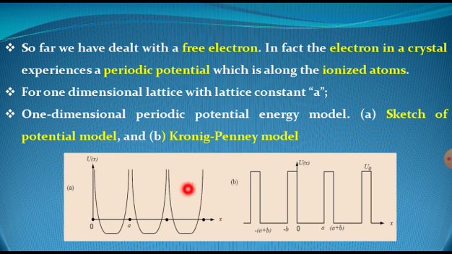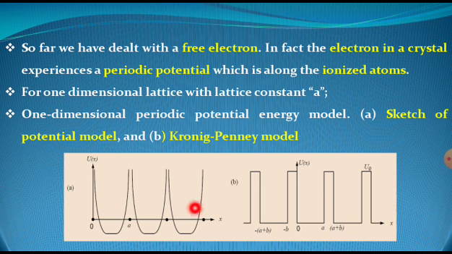See, this is the U(x) versus x. The potential energy at different positions is reported in this figure A. So this is the one-dimensional periodic potential energy model, where figure A is the sketch of the potential model and figure B is the Kronig-Penney model.